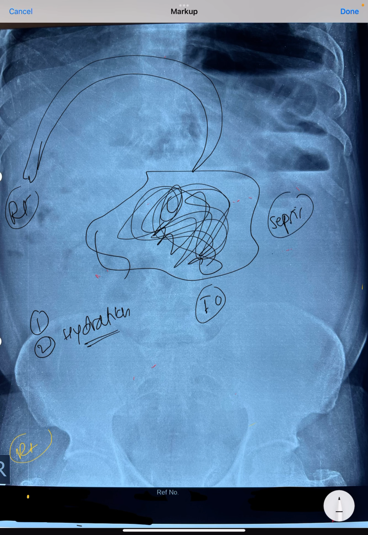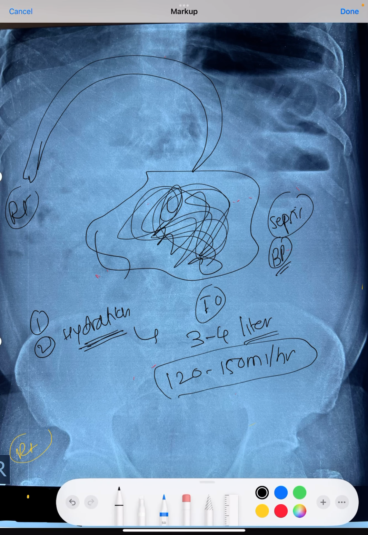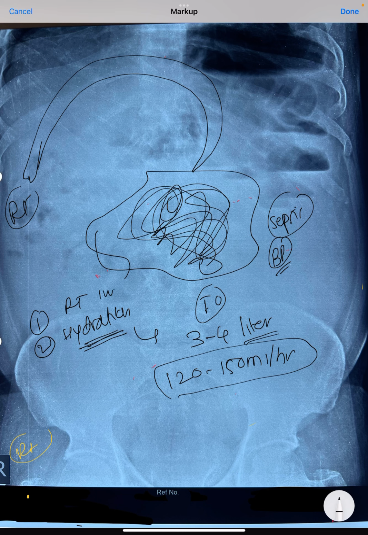To maintain the blood pressure, to maintain hydration, and to effectively kill these bacteria, hydration is very important. That is why these patients may need around 3 to 4 liters of IV fluids, most of them at 120 to 150 ml per hour. So the most important things are Ryle's tube insertion and hydration.